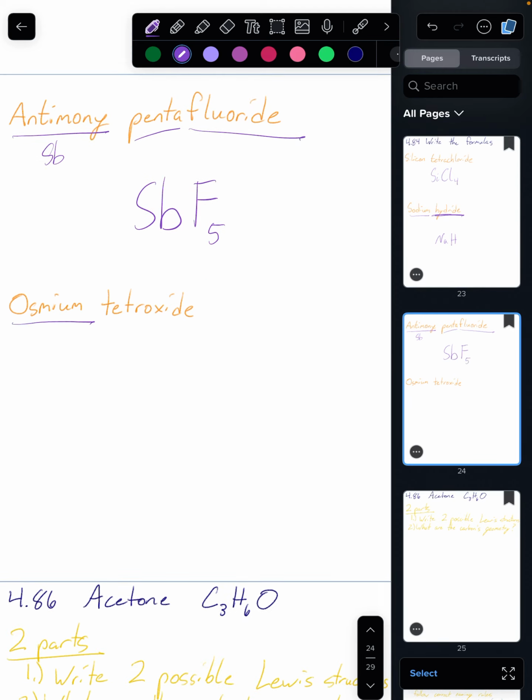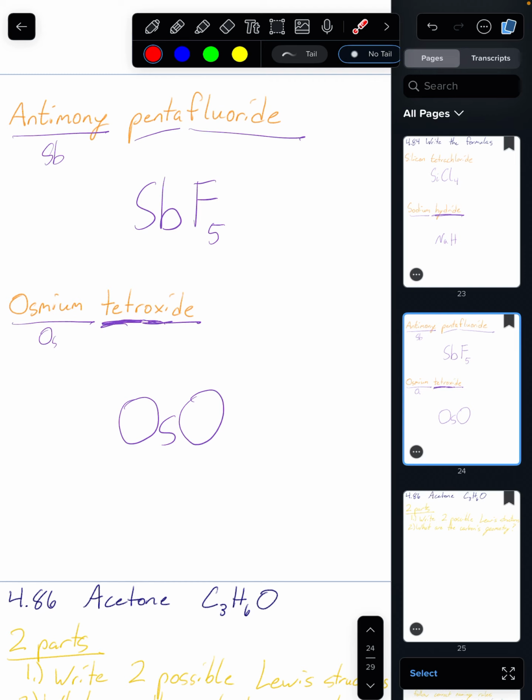Okay? Same thing with osmium. It's a weird one. It's an Os. So you get your Os. You know it is oxygen because oxy. So oxide. And then in some cases, if there is a vowel in that second portion, it won't add the A after it.